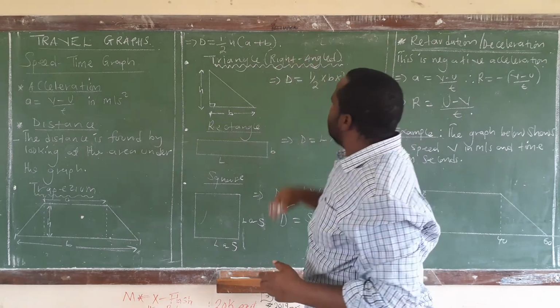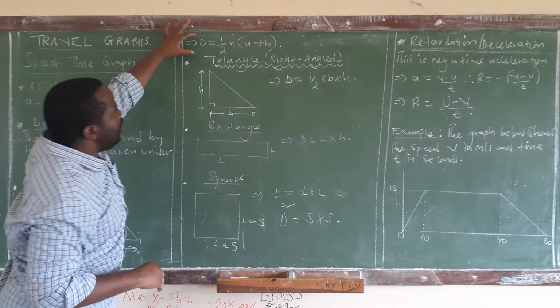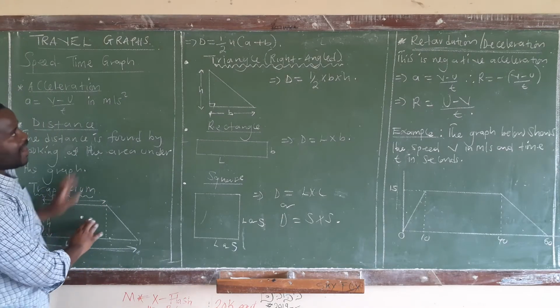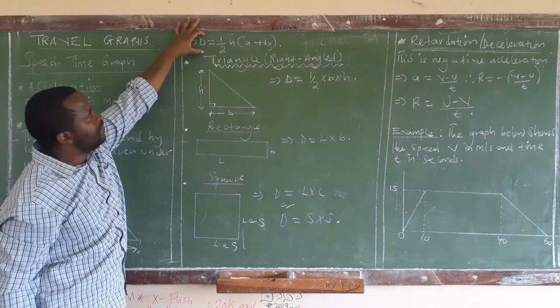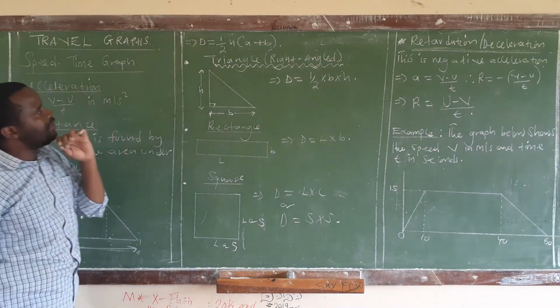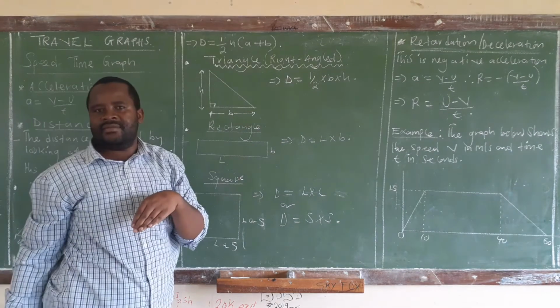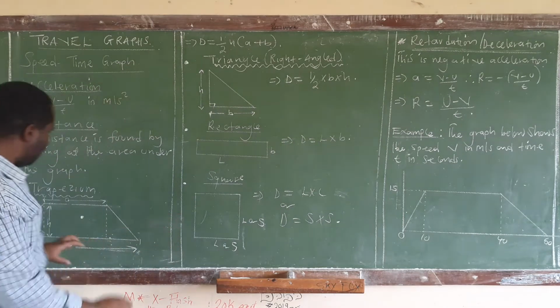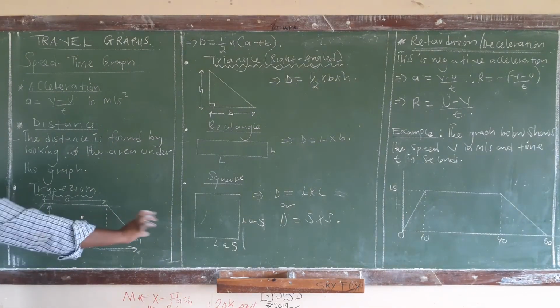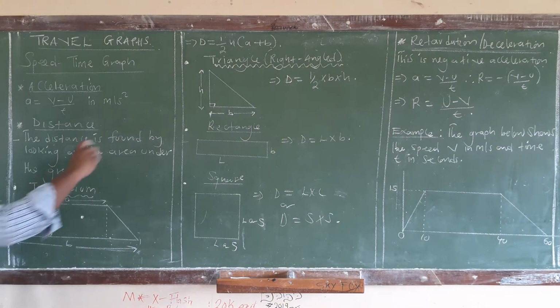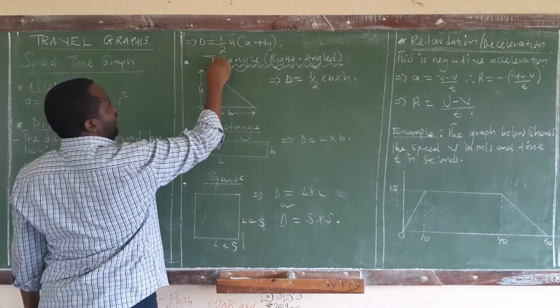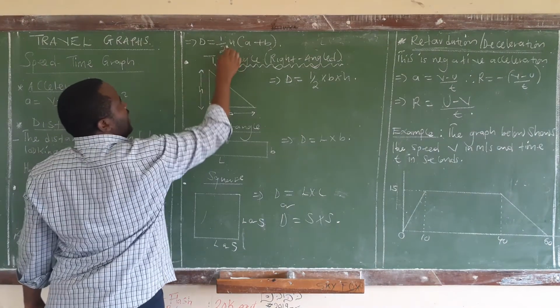Right? So now, when you know that I'm dealing with a trapezium and this is the formula to use, what is important here is to understand how to apply this formula. Now, if you look at our graph here, we are saying the formula is half h. Now, what is h?